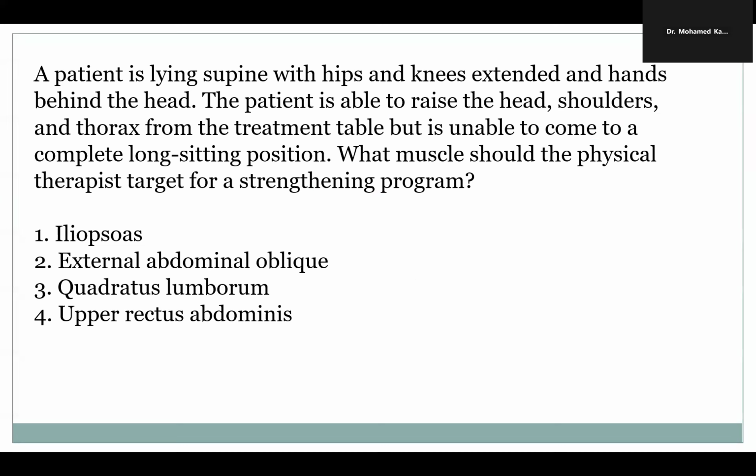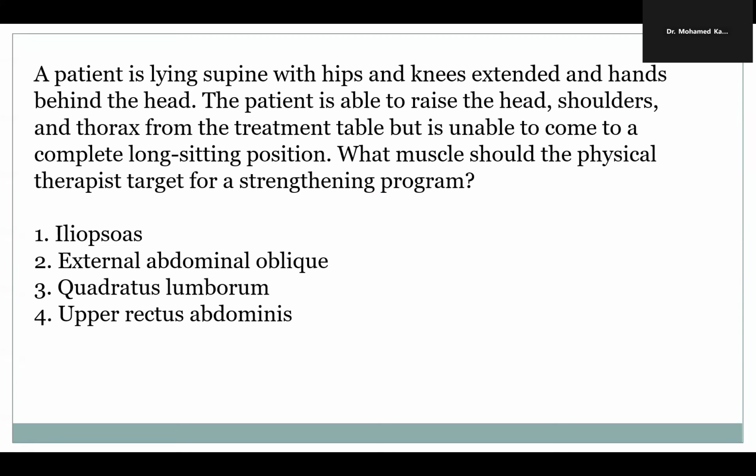A patient is lying supine with hips and knees extended and hands behind the head. The patient is able to raise the head, shoulders, and thorax from the treatment table, but is unable to come to a complete long sitting position. What muscle should the physical therapist target for a strengthening program?